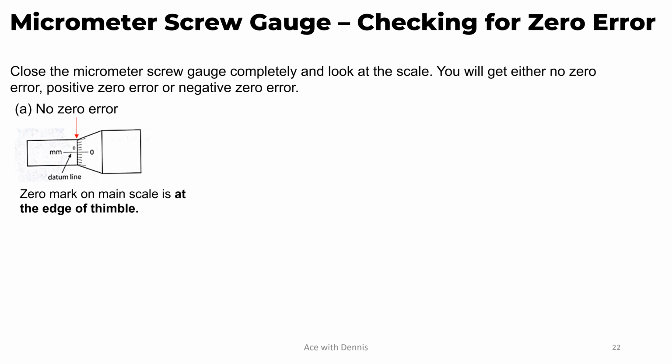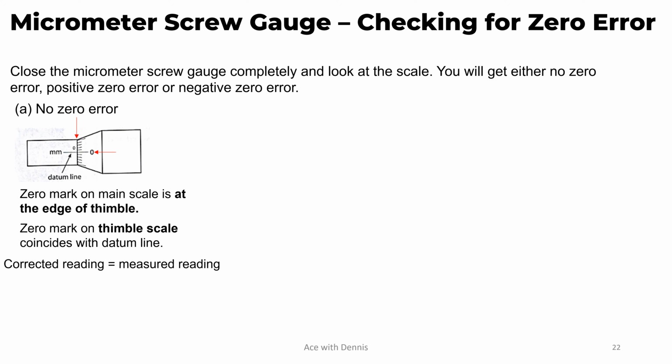The zero mark on the main scale is at the edge of the thimble. The zero mark on the thimble scale coincides with the datum line. So the correct reading will be just the same as the measured reading. For our case, for example, it is 4.62 mm.